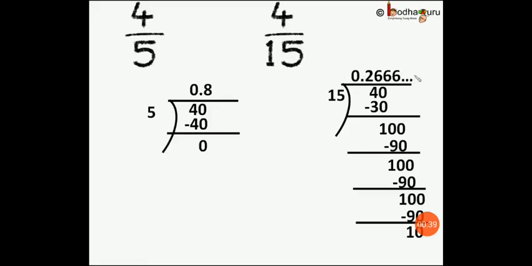So 4 by 5 has a terminating decimal expansion and 4 by 15 has a non-terminating recurring decimal expansion. Why so? Both are rational numbers but still they have different kinds of decimal expansion, one terminating and one non-terminating recurring. Have you ever thought about this?